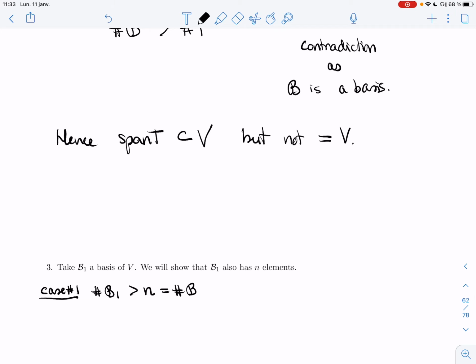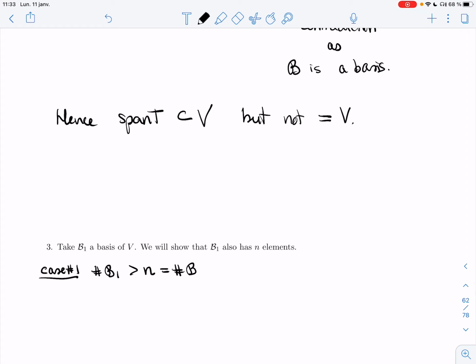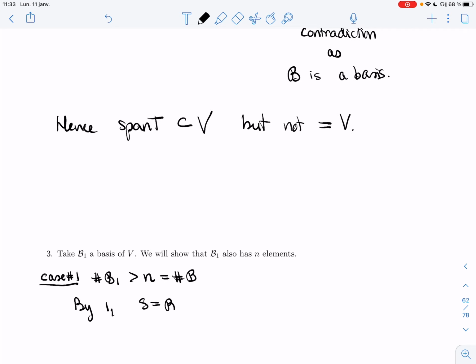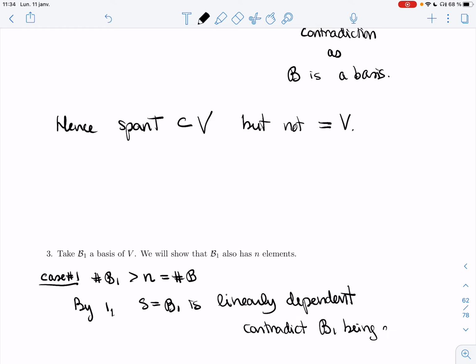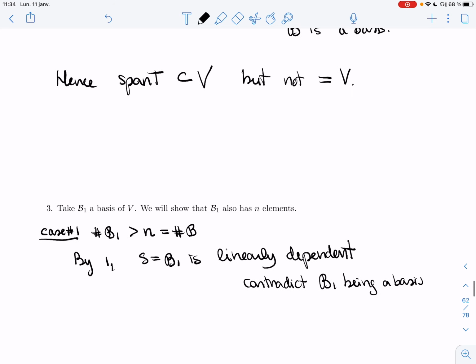All right, so if it has more than n elements, then by 1, S equals B1 is linearly dependent, but that contradicts B1 being a basis. And so what we get is the number of elements in B1 cannot be more than n.